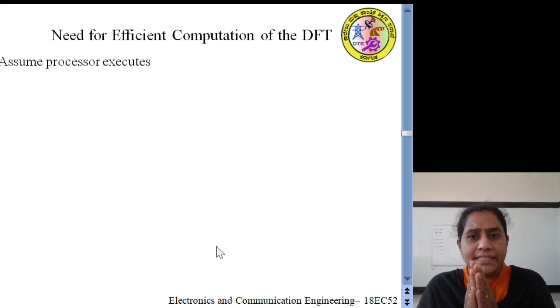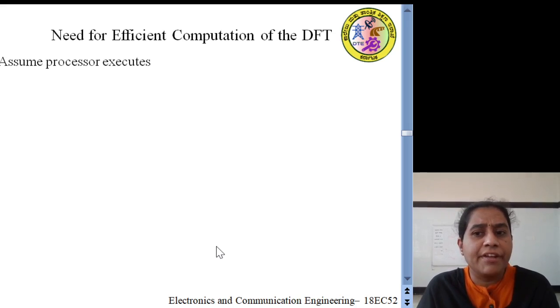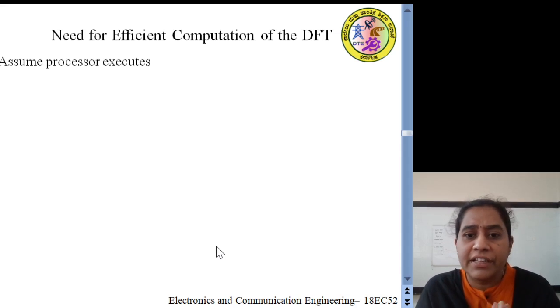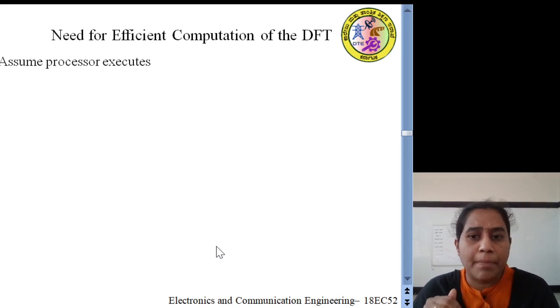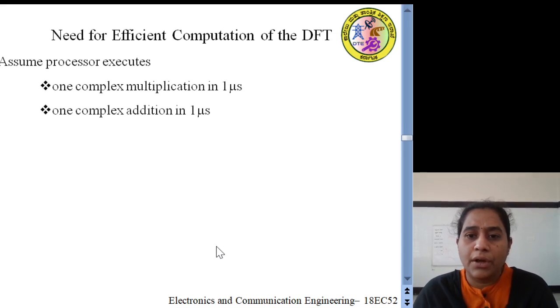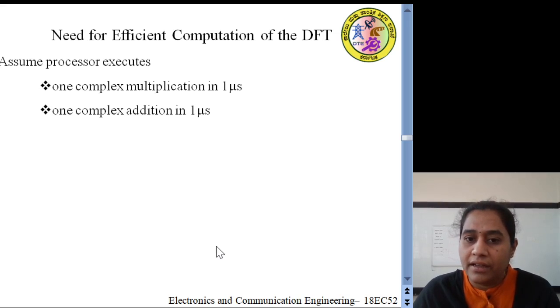So now let's see, what's the need for having efficient computation of the DFT? Let us assume our digital signal processor executes one complex multiplication in 1 microsecond, and also let us assume one complex addition can be executed in 1 microsecond.